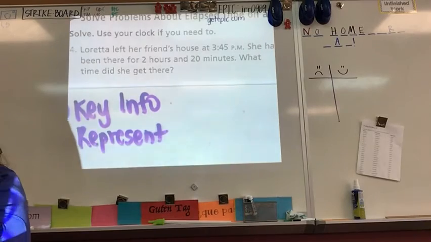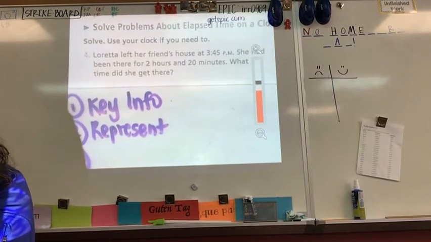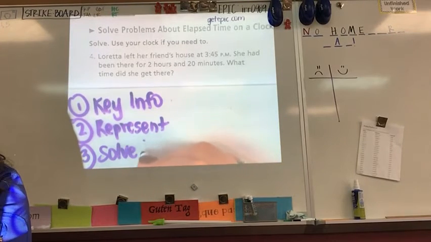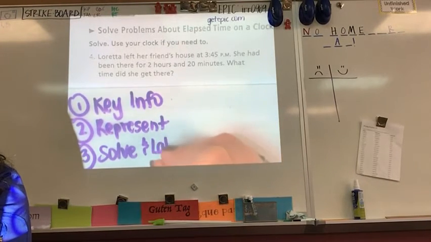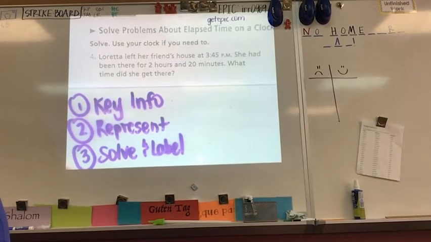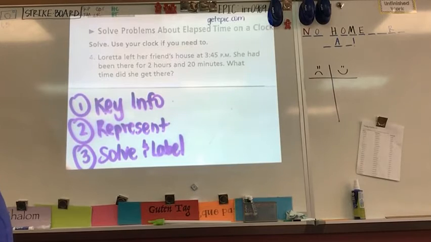Third, you are going to solve and make sure that you label it. And remember that label is going to be AM or PM for time. Okay? So let's go ahead and read and be ready to do step 1.